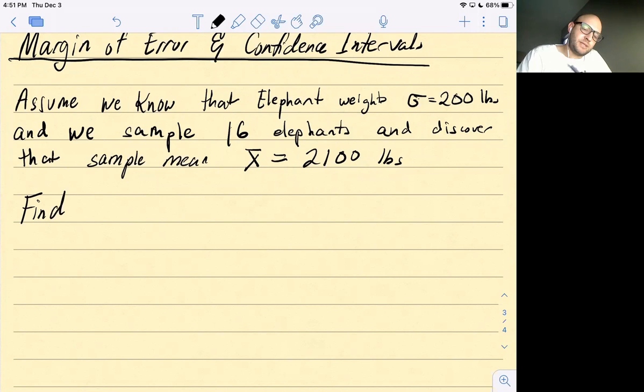I'll explain what that means in a second, because it's a little bit confusing. So find a 95% confidence interval.